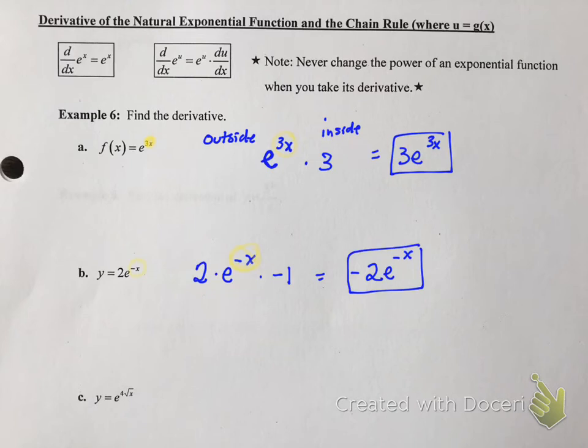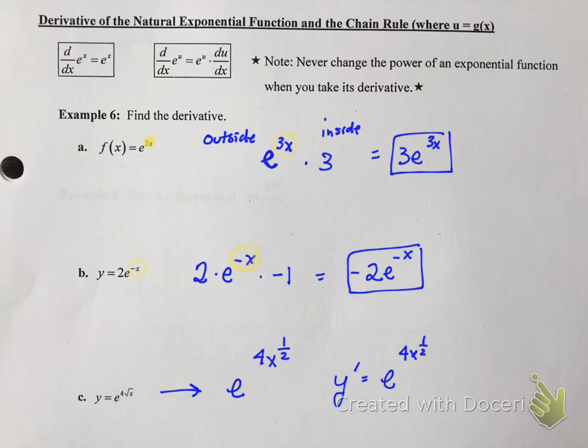And finally, we have c, which is y equals e to the 4 square root of x. Okay, so I'm going to just rewrite this really quick. So this is e to the 4x to the 1/2 power. Okay, so it just looks a little bit better. So if I take the derivative of this, I take e to the 4x to the 1/2 power.